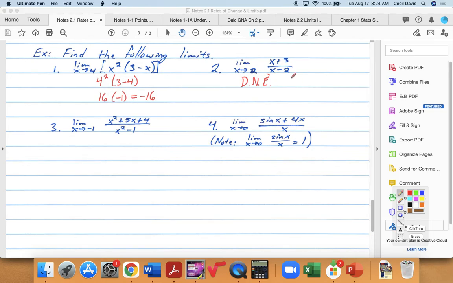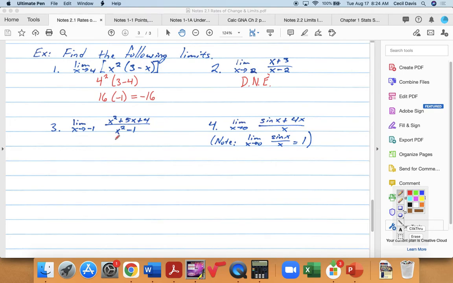But just because you have 0 in the denominator does not mean that the limit doesn't exist. Take, for example, this problem. If we substitute in -1 for all of the x's, we get 1 minus 5 is -4 plus 4 is 0.